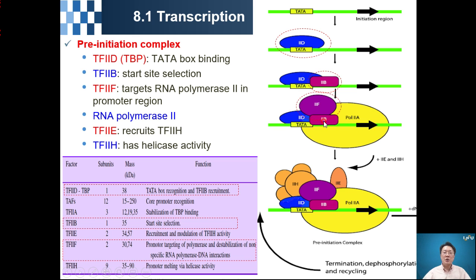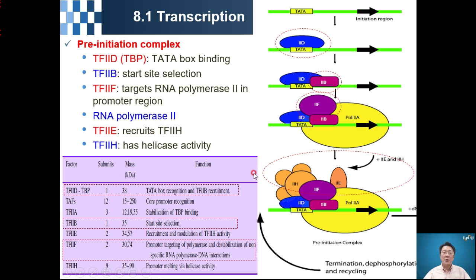After that, it will recruit transcription factor 2E. The main function of 2E is the recruitment and modulation of 2H activity. The main function of 2E is to recruit transcription factor 2H and also modulate TFIIH activity.